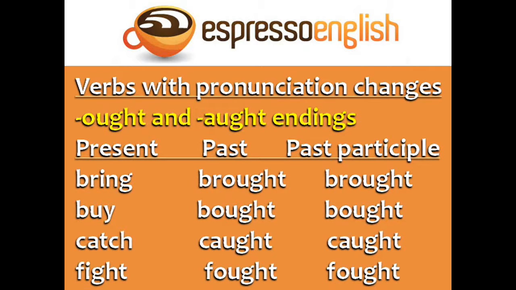Finally, we have the verbs with ought endings in the past and past participle. This can be spelled o-u-g-h-t or a-u-g-h-t, but the pronunciation is the same. Bring, brought, brought. Buy, bought, bought.